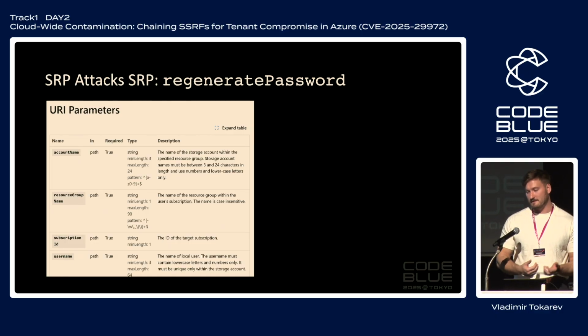SFTP account, folder, whatever. Now, this is another assumed breach scenario we'll need to take into account, because if an attacker wants to execute this attack on other tenants, they need to know all this information. First, they'll need to know the account name, the resource group name, the subscription ID, and the username. Now, on one hand, this is pretty private information, and it's pretty hard to get.